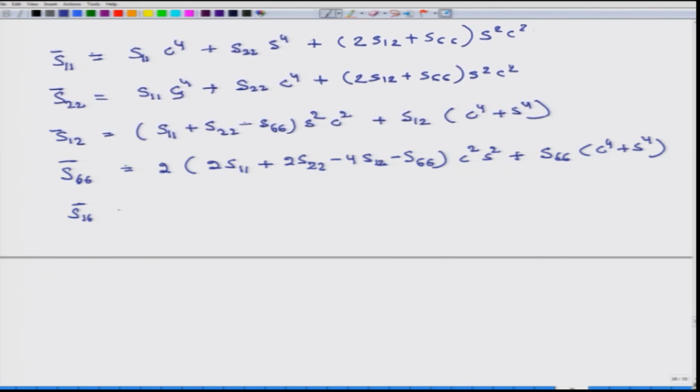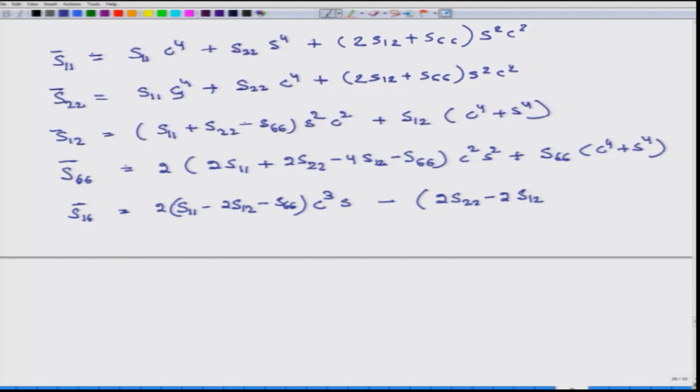S16 bar equals 2 S11 minus 2 S12 minus S66 cosine cube theta sine minus 2 S22 minus 2 S12.